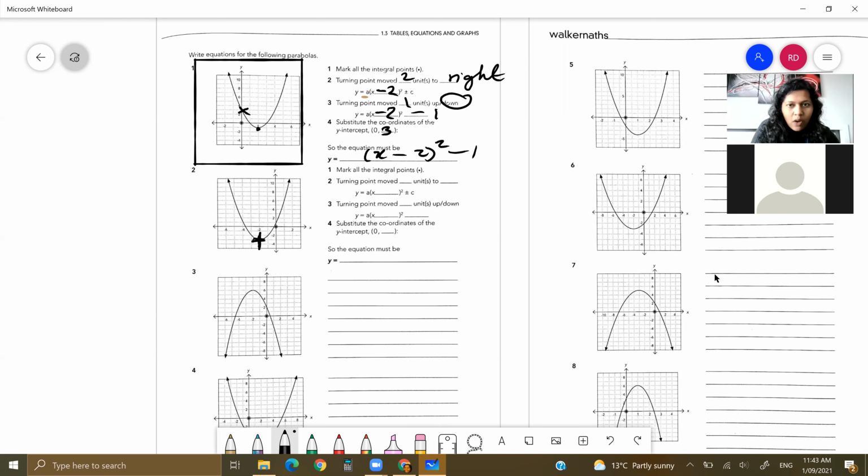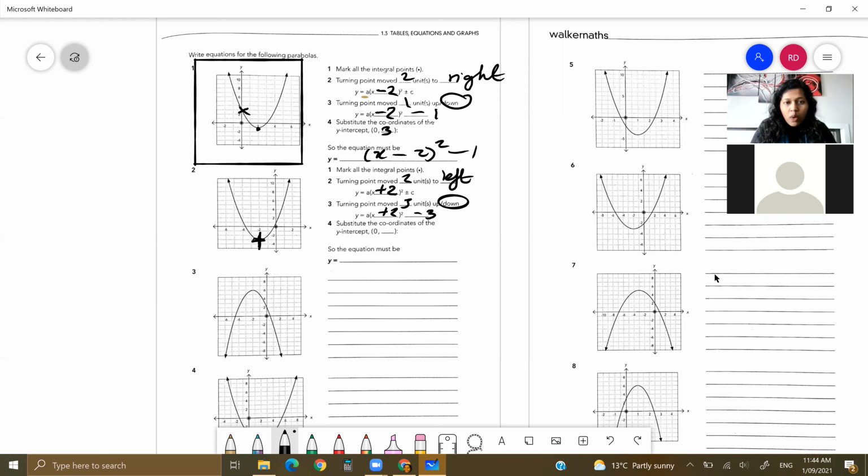I can see it's moved 2 units to the left. Because it's gone left, I'm going to make that +2 here. And it has moved 3 units down. So it's going to be x +2, and then here it's -3.